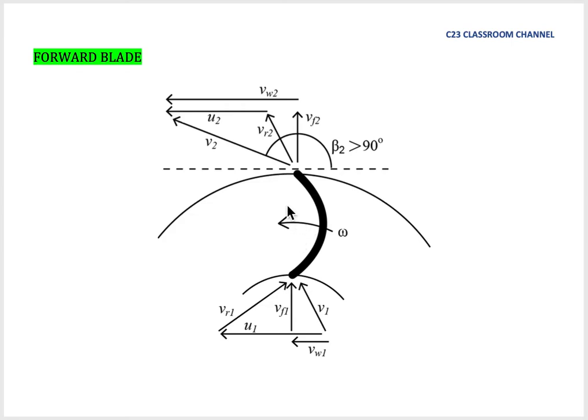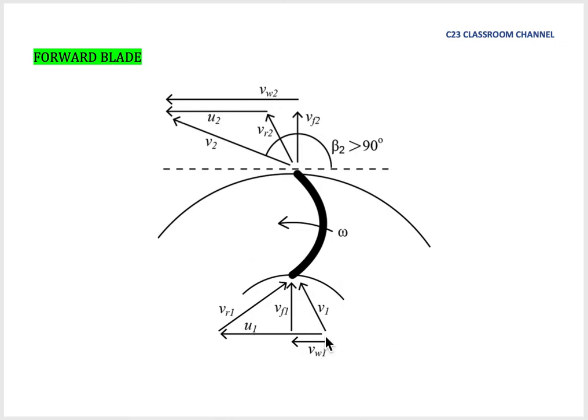So here I would like to show you how to draw a velocity triangle for the forward blade. The idea is the same. First, you need to draw the actual velocity at the inlet and the outlet. So we draw V1 here and we draw V2 here. And then we draw the component velocity due to the rotational speed.